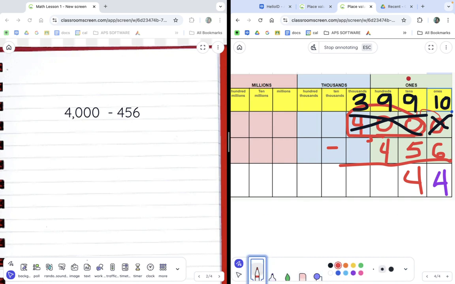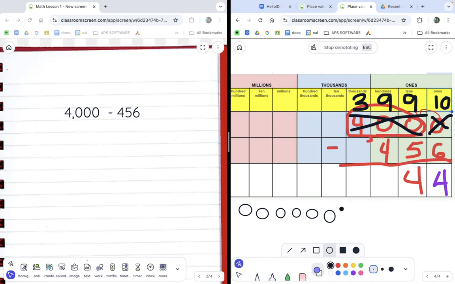Now we're going to see how many hundreds we have. Here we have 9 hundreds. Take away 400. So let's draw 9. You can draw 9 squares, but I really like to draw circles because it's easier. 1, 2, 3, 4, 5, 6, 7, 8, 9.